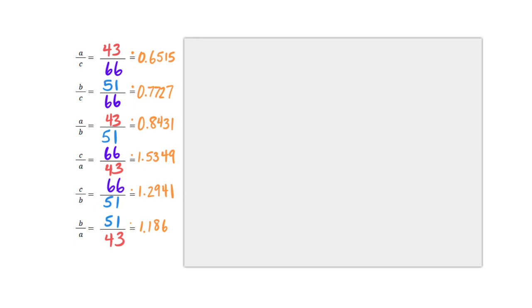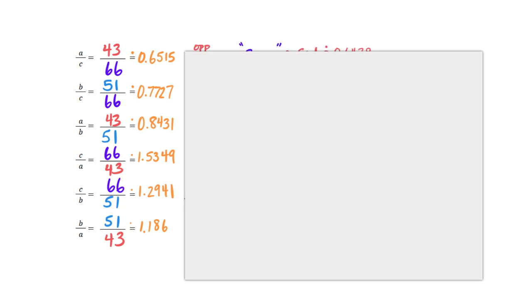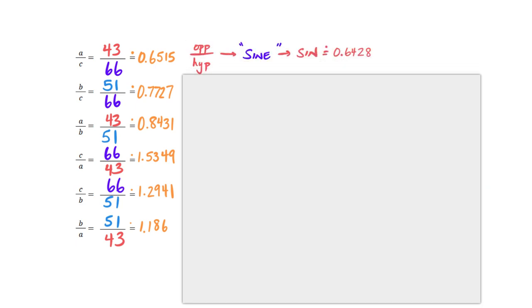Okay, I want to go back now and I want to put some terminology to some things. To do that, I'm just going to slide down that big box you see on the right, and we're going to talk a little bit about some terminology. So, if you were to formally go through and calculate that first ratio, that first ratio was calculated by taking your opposite side and dividing it by your hypotenuse.